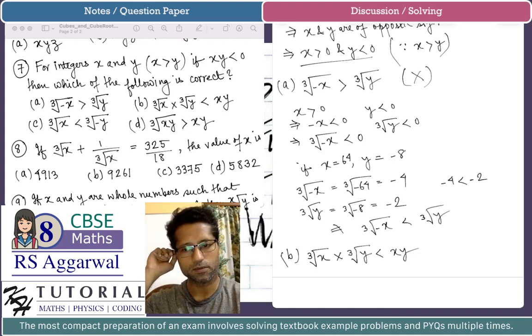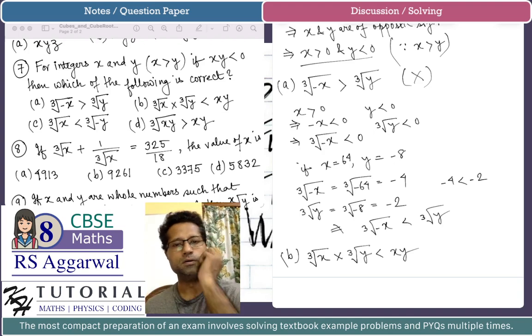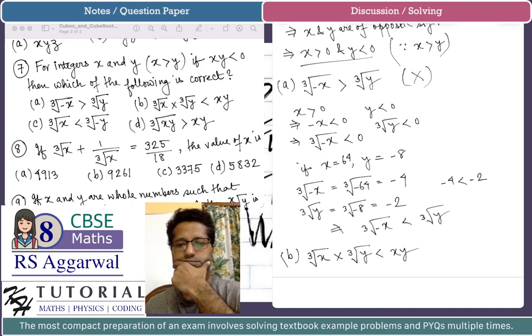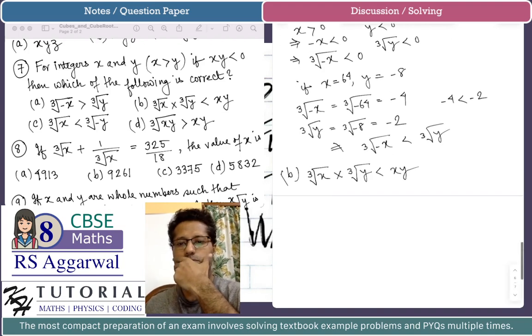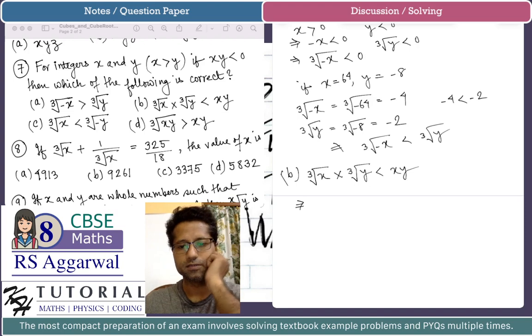Cube root of x and cube root of y is less than x into y. Now x into y will be a negative number. So this basically means that cube root of x multiplied by cube root of y is nothing but cube root of x into y.